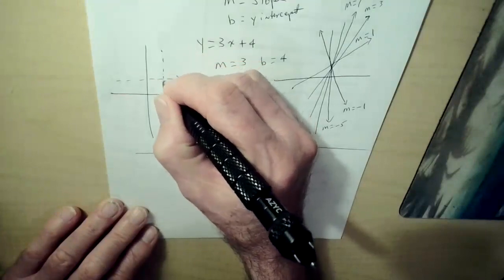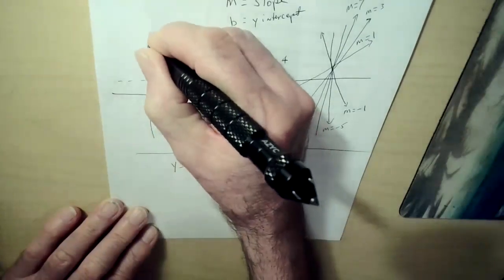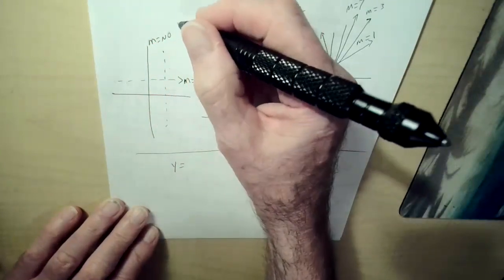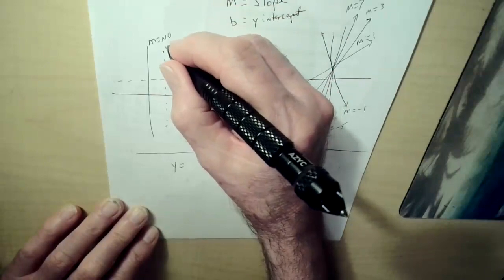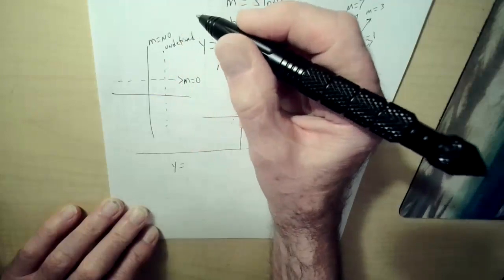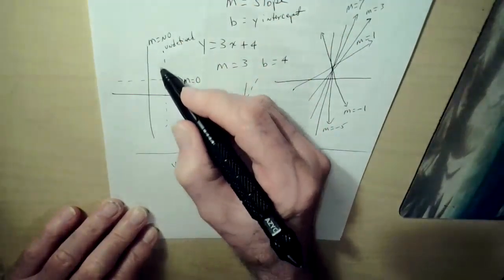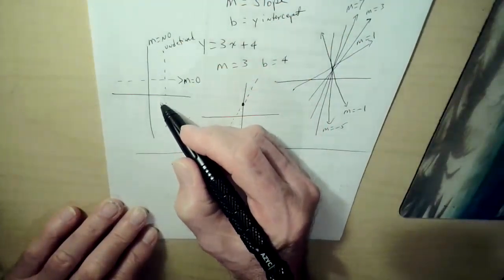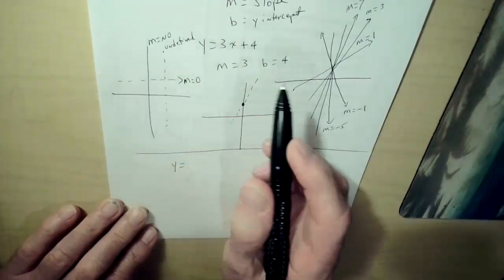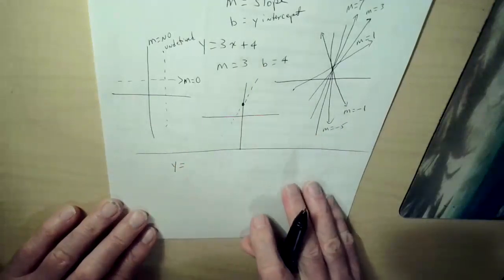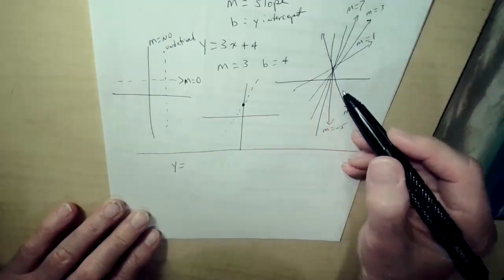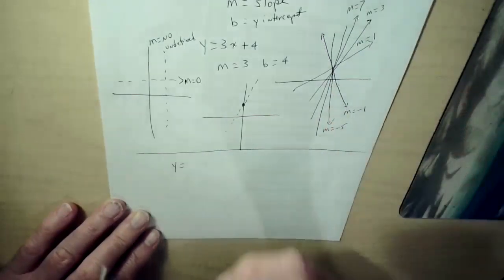Now, if you have one that's straight up and down, here the slope is no slope or undefined. Either one doesn't make any difference. Vertical line is no slope or undefined slope. Horizontal line is, excuse me, 0. And we'll talk more about this later. Okay, so up and to the right is positive, down and to the right is negative.